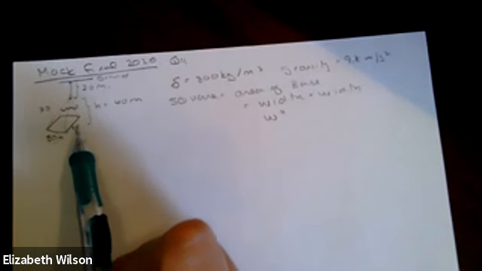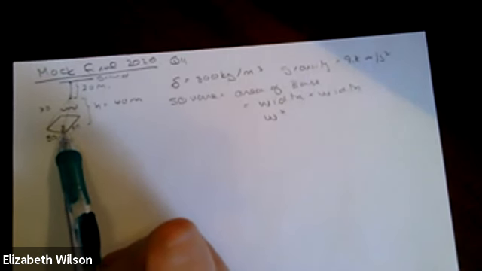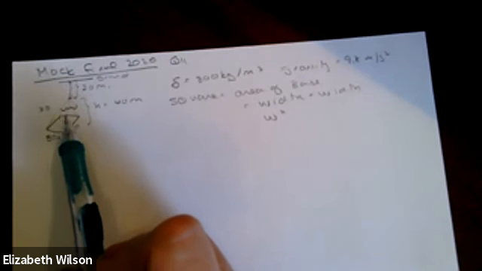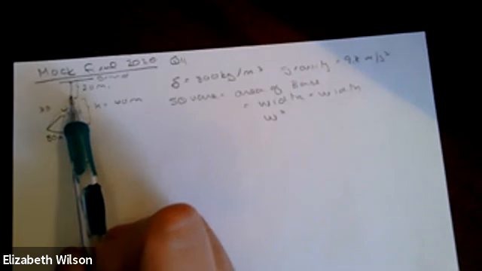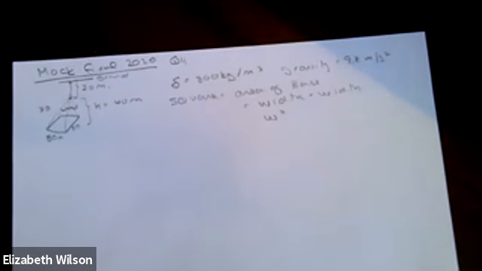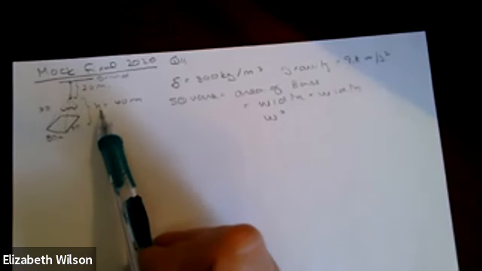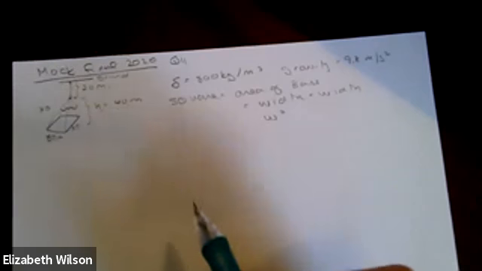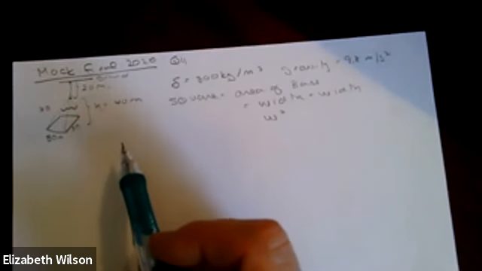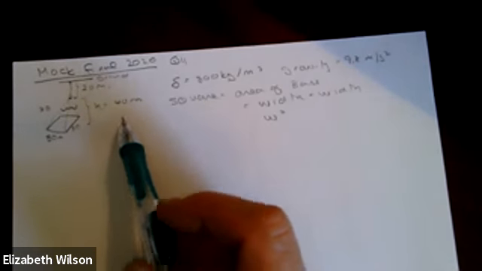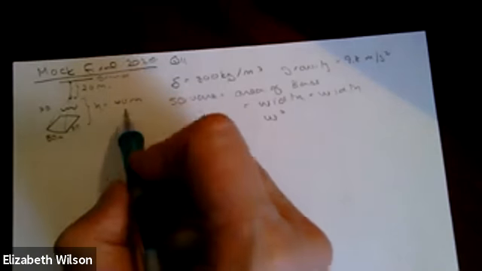This base is 80 by 80, but if I go up just a little bit, it's going to be some other dimension. It's going to be slightly smaller, and slightly smaller as I go up towards the apex of my pyramid. So I need to have a way of relating the width of our pyramid to the height of the pyramid, a function for that. So it's facing this way. So I'm going to again be thinking about essentially similar triangles. I'm going to just kind of flatten it out like this.